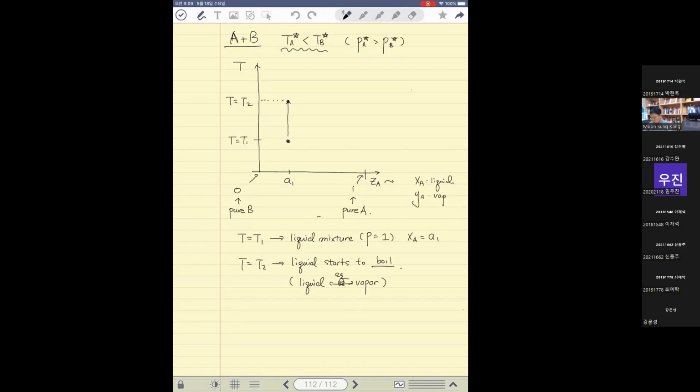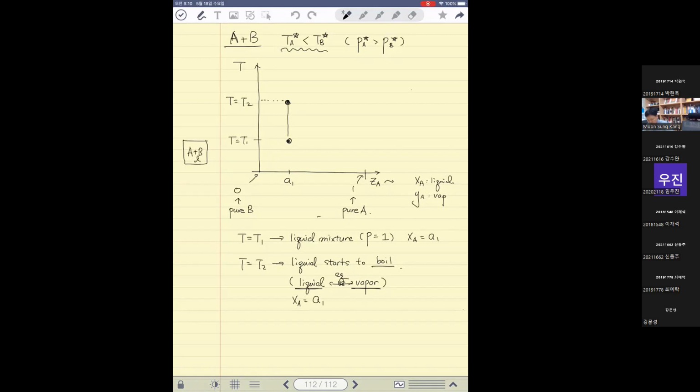And what would be the composition of liquid at the moment of vaporization, and what would be the composition of the vapor at the moment of boiling at this specific point? Well, I guess the composition of liquid is going to be equal to A1, because it's really the same liquid I have, right? So here, let's say I have started from A plus B mixture.